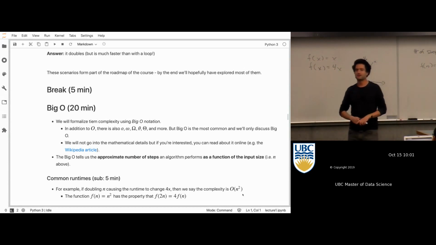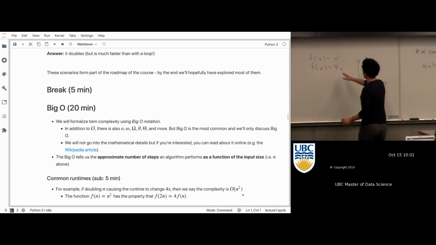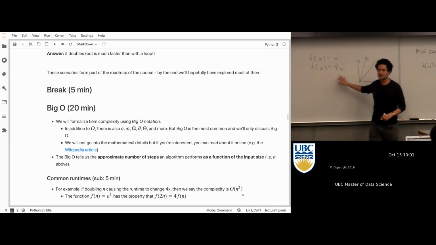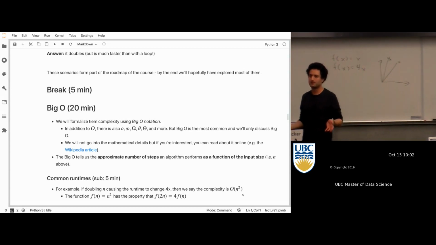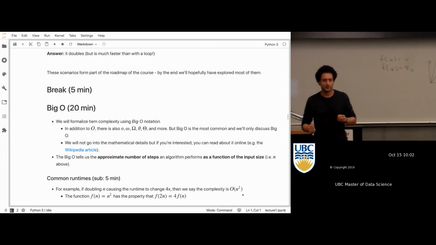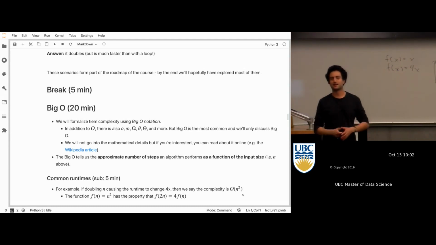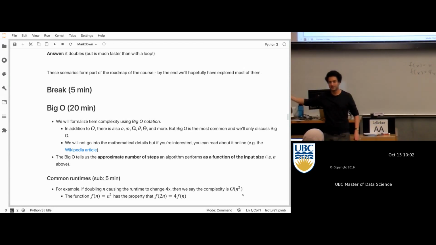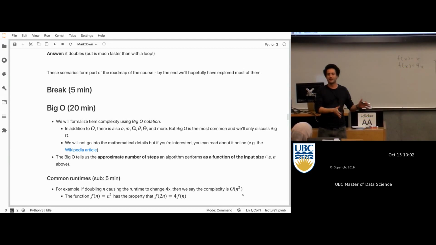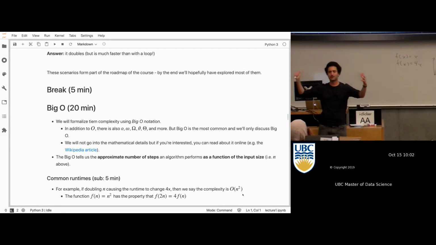But the truth is, we don't care what the number is in front, if it's 4x or 1,000,000x or 0.01x, because we don't actually have proper units on this big O anyway. It's not like we're telling you how many seconds the code is going to take. It's not like it says it's going to take 2.7n, and that's going to be the number of seconds. We're not really getting to that level of detail anyway. We're just talking about growth.